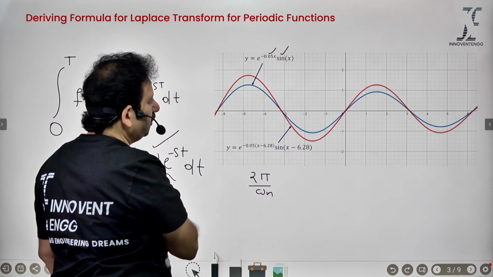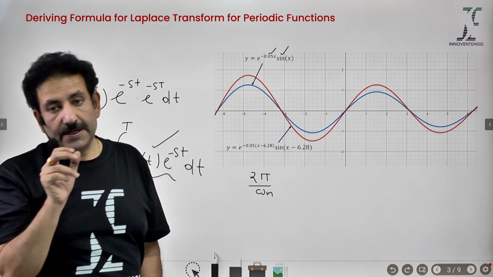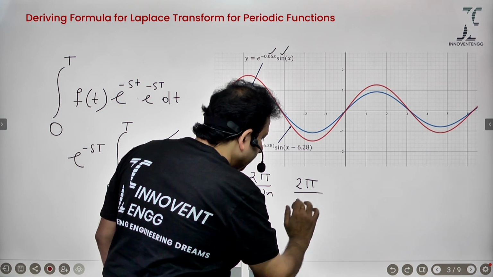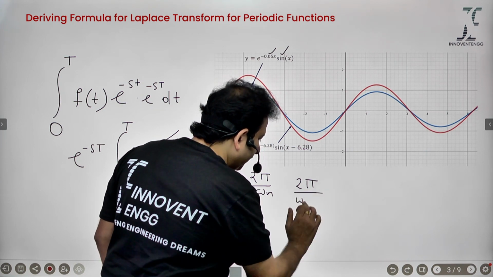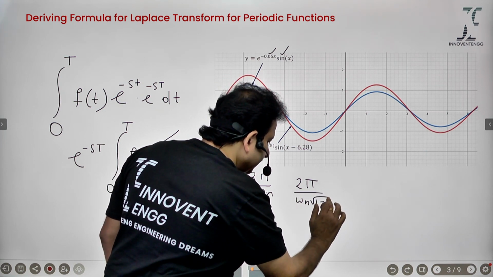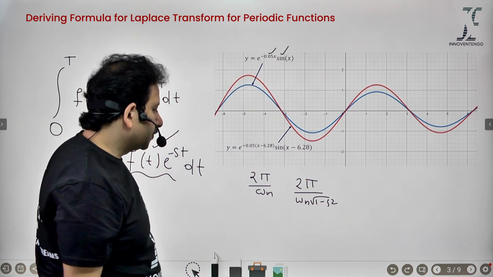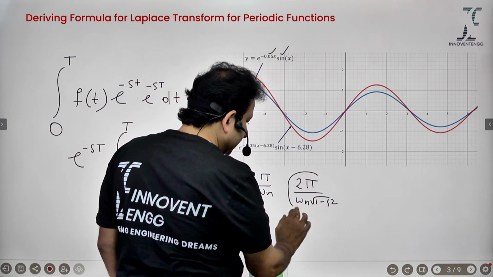But when you have an exponential function, that is the damping associated with the system, the period in fact becomes 2 pi by omega damped, which is omega n times square root of 1 minus zeta squared, assuming underdamping. So this becomes my period.